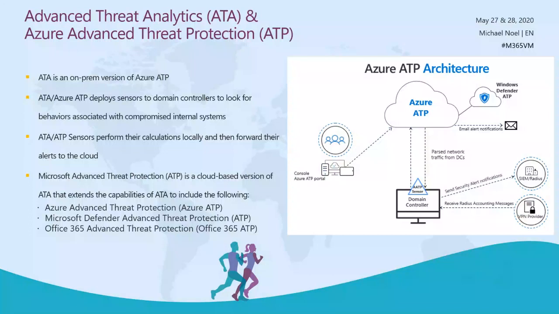But ATP works in a different way. The way that ATP works is it'll actually deploy sensors out to your domain controllers. Those sensors run on all of the domain controllers, and they look for activity which is considered to be a little bit odd. That would be activities like something that might indicate a golden ticket attack, or something that might indicate someone searching for privileged accounts, doing LDAP queries that maybe aren't normal, out of the ordinary.